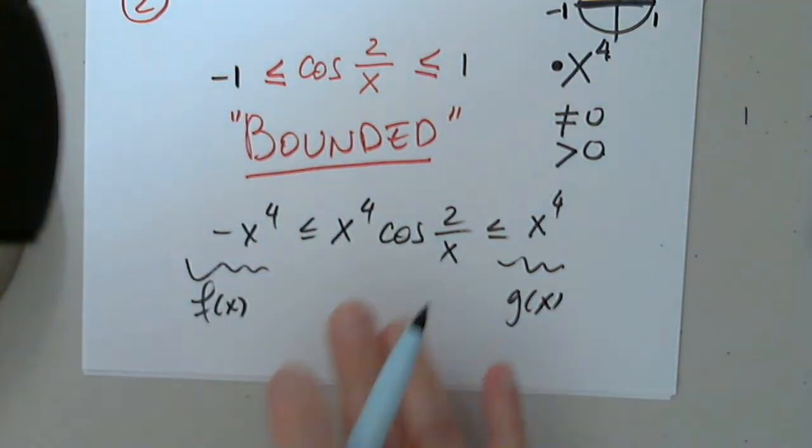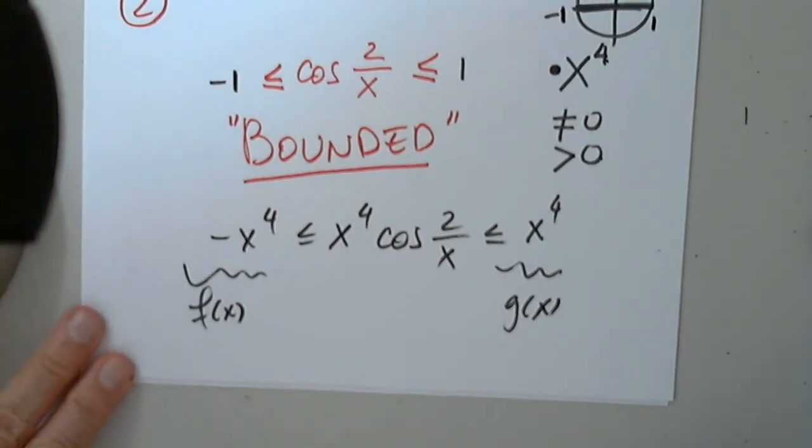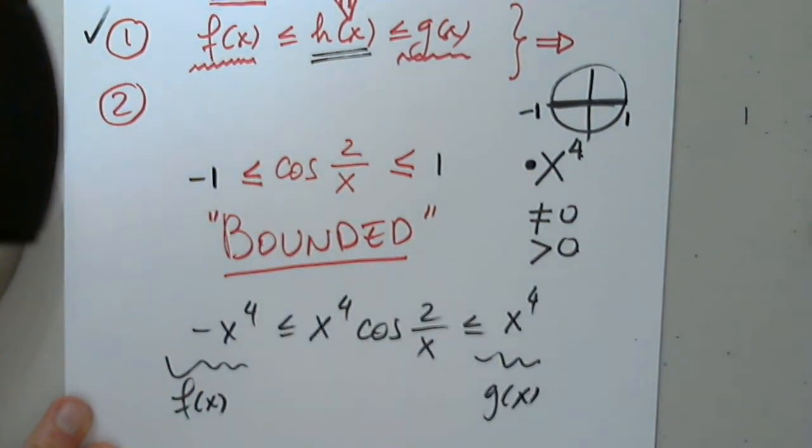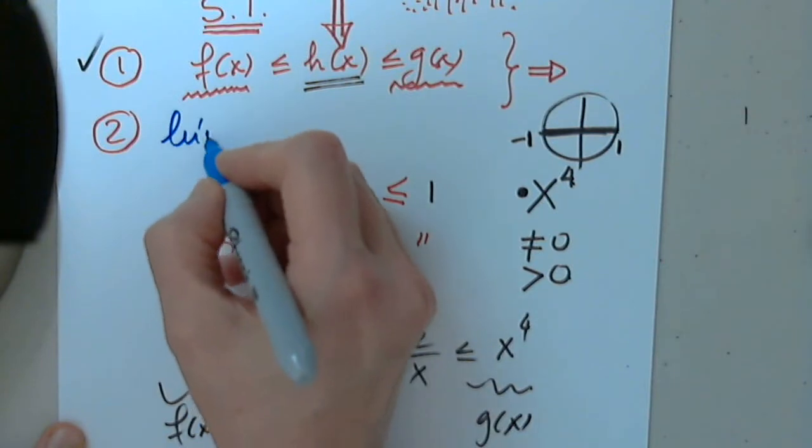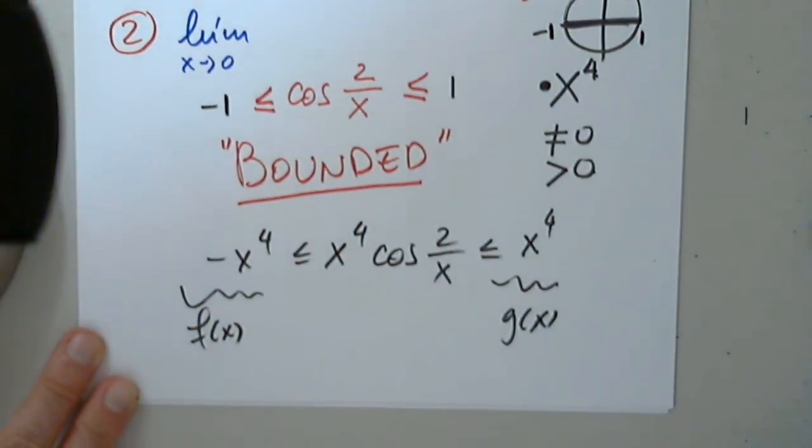What is the second step of the squeeze theorem? What do I have to find in the second hypothesis? Yes, so the limit as x approaches 0 from what?